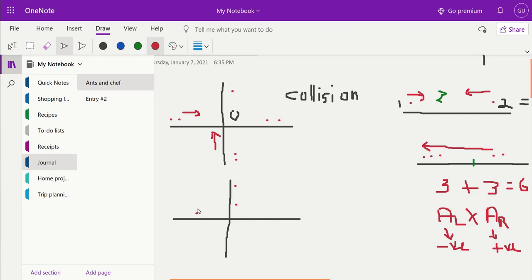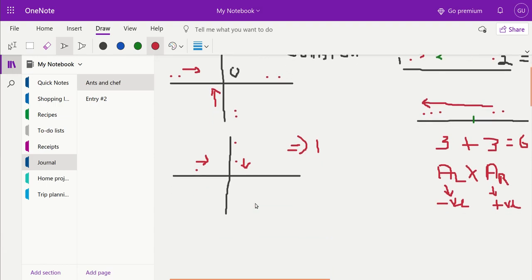Let's suppose this ant collides with this ant at point O. If I let them simply pass through each other, only one collision occurred and no more collisions happen.